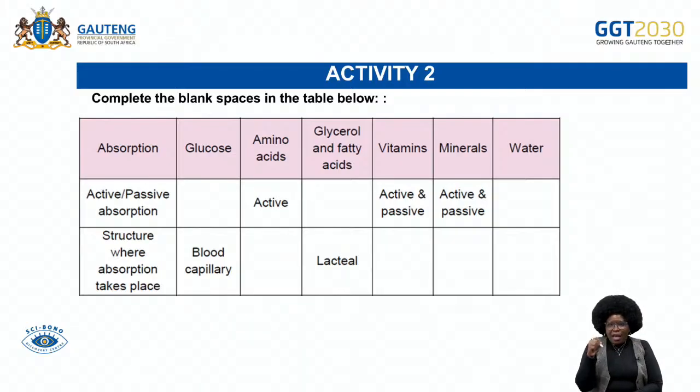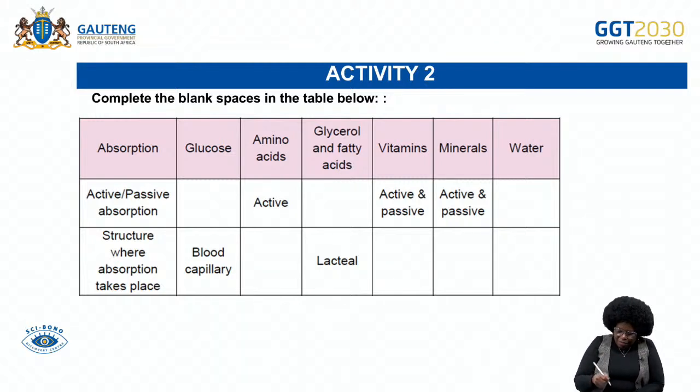Glucose is the end product of carbohydrate digestion, right? And amino acids, they are the end product of what? Of protein digestion. And glycerol and fatty acids, these are the end products of the lipids or the fat molecules, right?